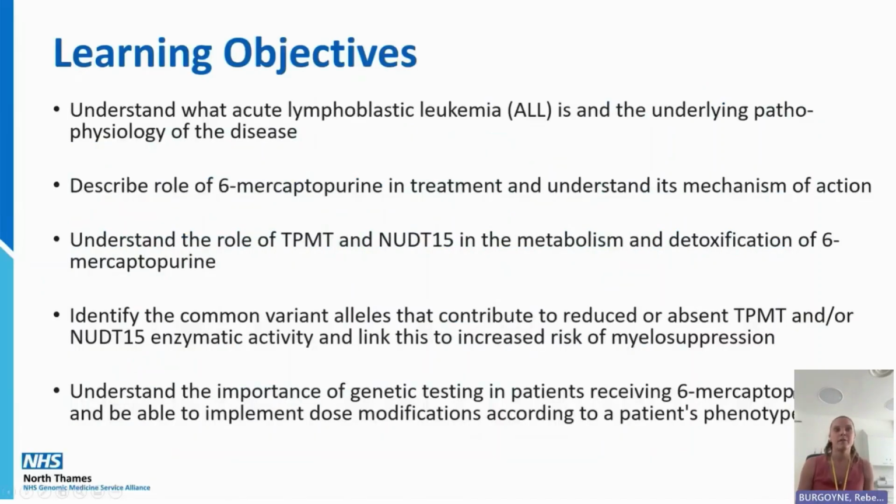So this is hopefully what we're going to cover. I would like you to understand what ALL is and the underlying pathophysiology of the disease, be able to describe the role of 6-mercaptopurine in the treatment and understand its mechanism of action, understand the role of TPMT and NUDT15 in the metabolism and the detoxification of 6-MP, be able to identify the common variant alleles that contribute to reduced or absent TPMT and/or NUDT15 enzyme activity, and importantly link this back to an increased risk of myelosuppression, and then understand the importance of genetic testing in patients receiving 6-MP and be able to implement the dose modifications according to a patient's phenotype.